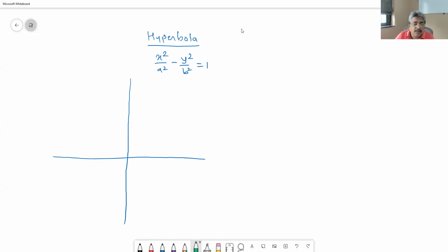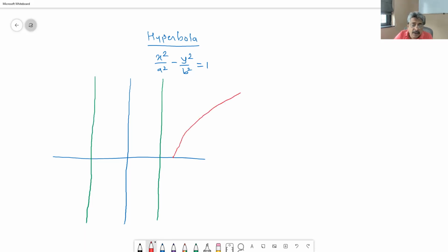You have two directrices. Then you have the curve. Distance from focus is more than that from directrix. So you have one branch of hyperbola going like this.